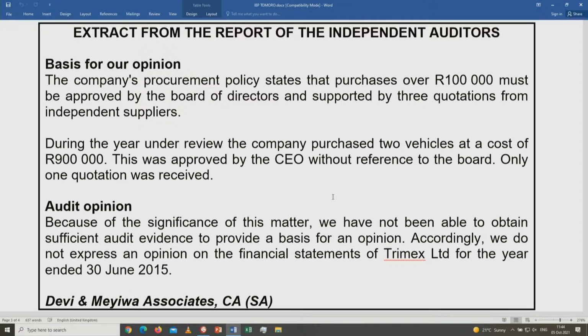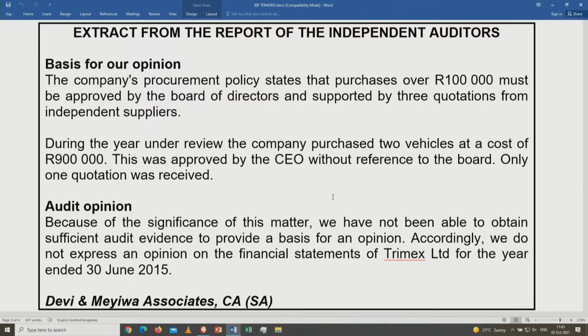The company procurement policy states that purchases over 100,000 must be approved by the board of directors and supported by 3 quotations from independent suppliers. During the year under review, the company purchased 2 vehicles at the cost of 900,000. This was approved by the CEO without reference to the board. Only 1 quotation was received.